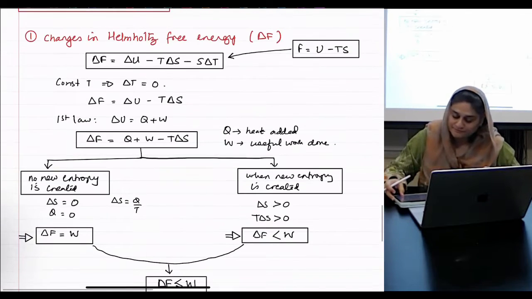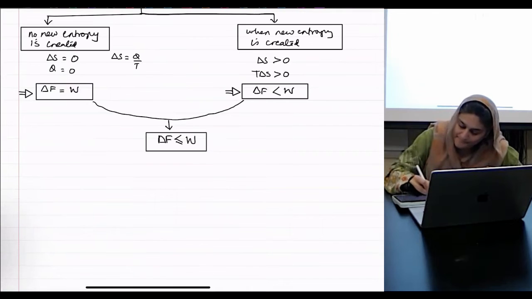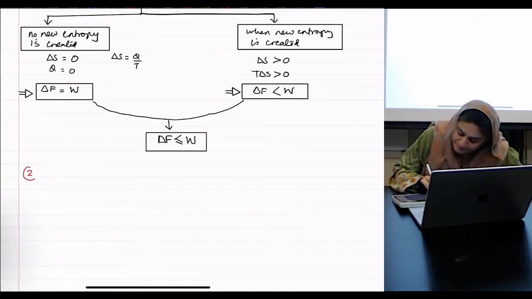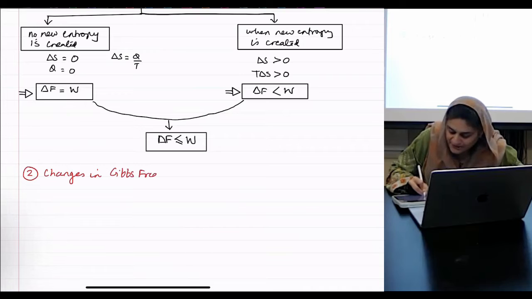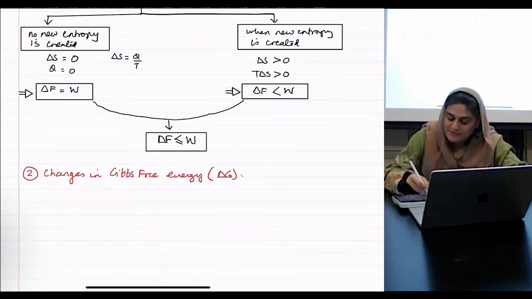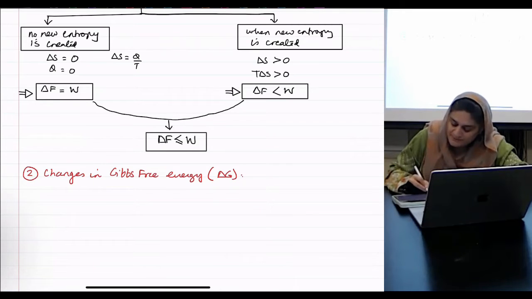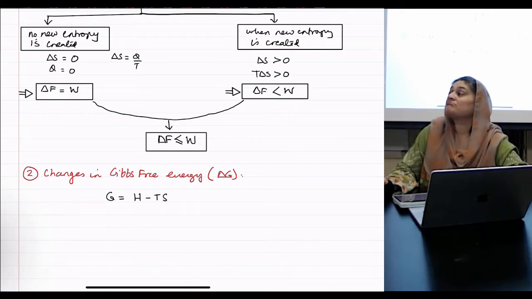Number 2. Changes in Gibbs free energy, delta G. What was the definition of Gibbs free energy? H minus TS?